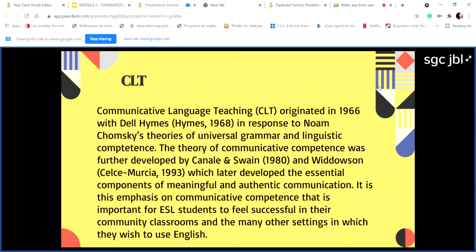These people later developed the essential components of meaningful and authentic communication. It is this emphasis on communicative competence that is important for ESL students to feel successful in their classrooms and the many other settings in which they wish to use English.